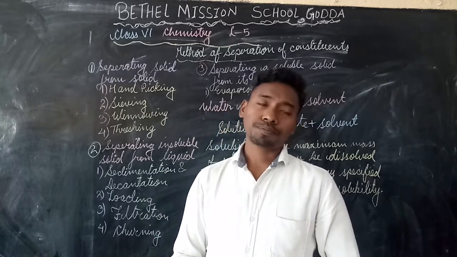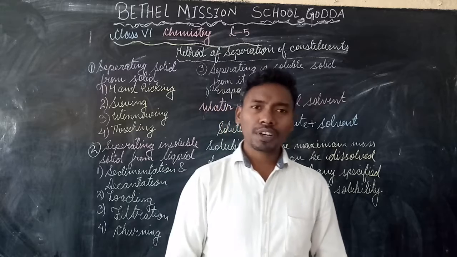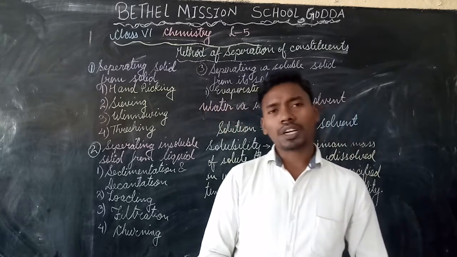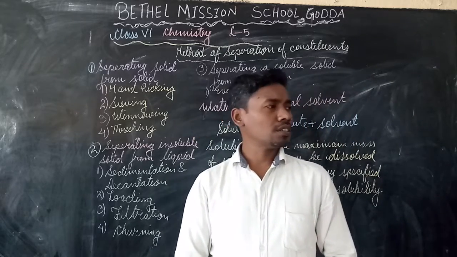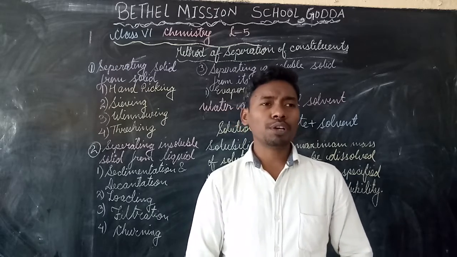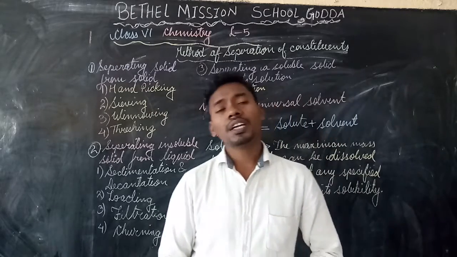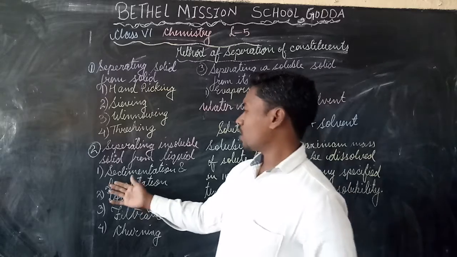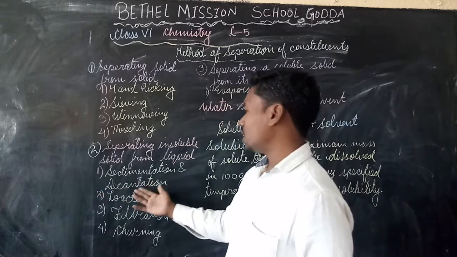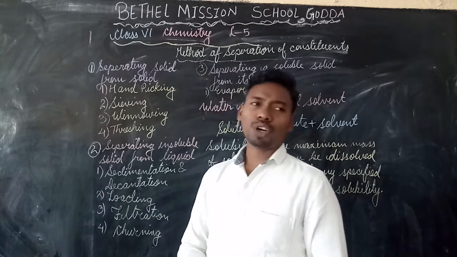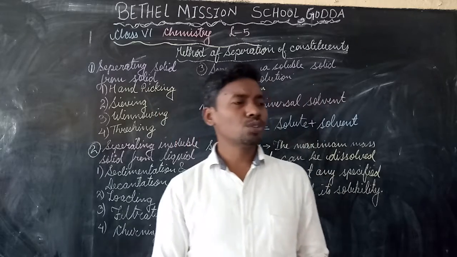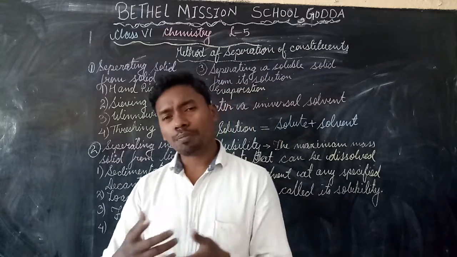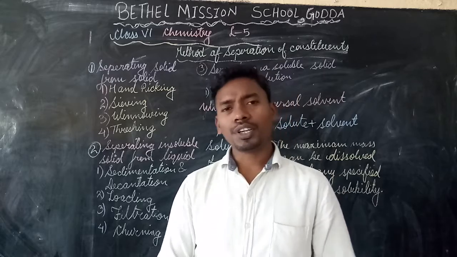Similarly, there are different insoluble solid particles, and there are various processes by which they can be separated. One very common example is sedimentation and decantation. In sedimentation, the solid particles mixed in the liquid are quite heavy.